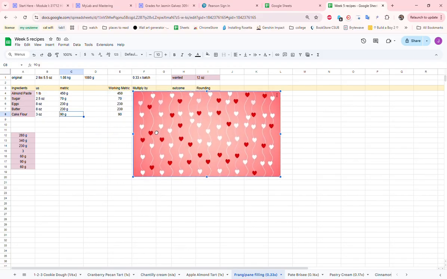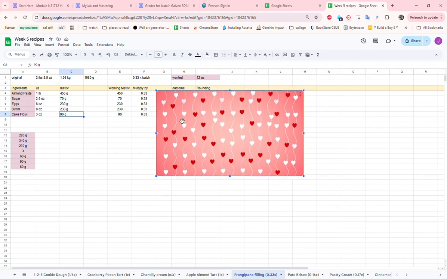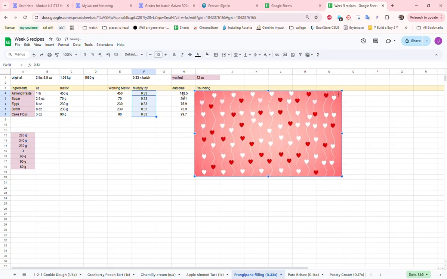And we move on to our working metric. Just transferring all the numbers straight across. And since we have all of our grams, we can just multiply by the batch, which is going to be 0.33. And if you multiply across 450 times 0.33, you get 148.5.